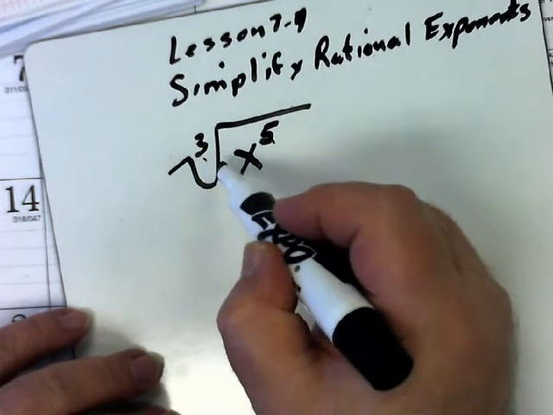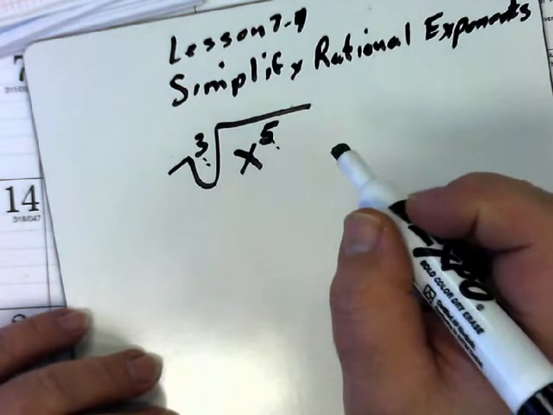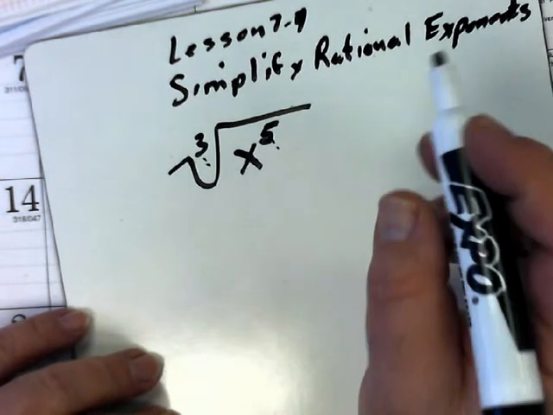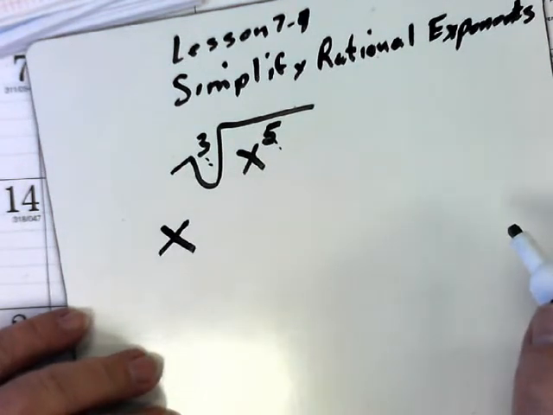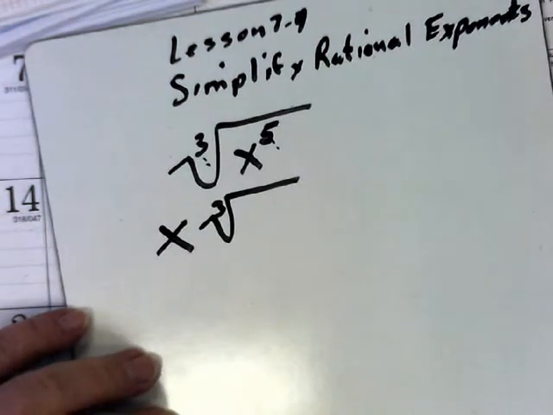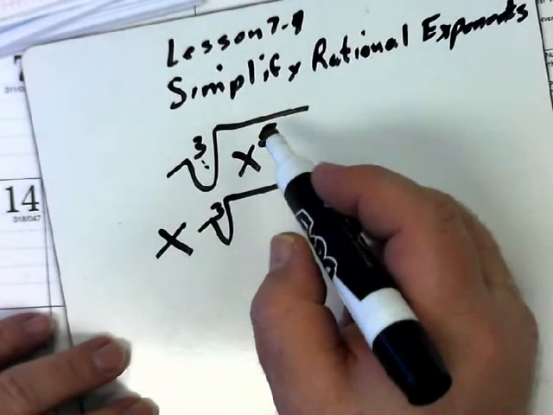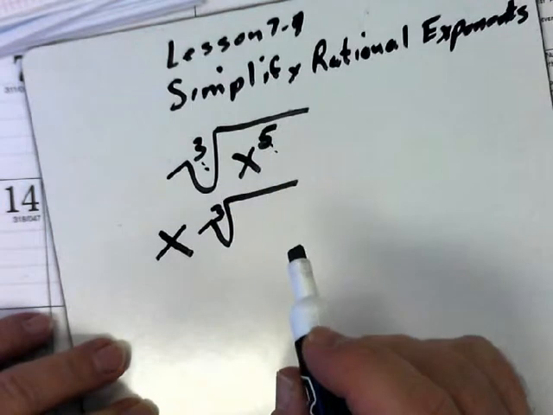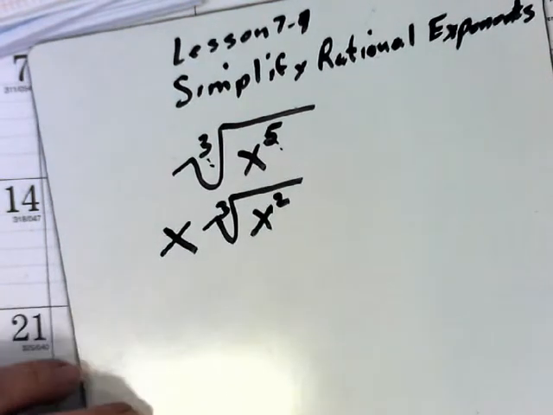So in this case I take 3 into 5, and how many times does 3 go into 5? Once. So I bring an x on the outside of that radical, still have the 3 as the index, and what am I left with when I take 3 into 5? 2, so inside I would have an x to the 2nd.